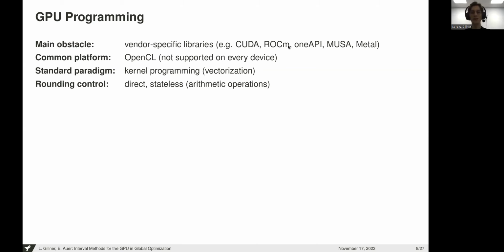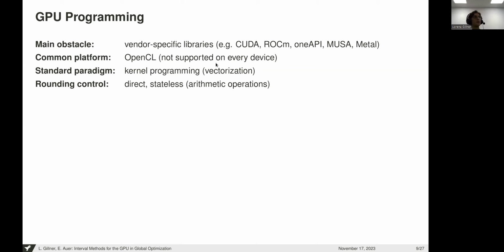But then again, there are many different ways to program different GPUs. And one goal in the past has been to find a common ground for all GPU manufacturers to support a single language, which was OpenCL. Unfortunately, this standard is no longer supported on all devices, so that has been a major setback in my opinion.